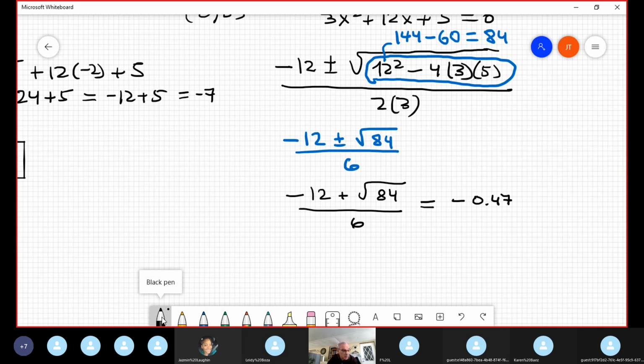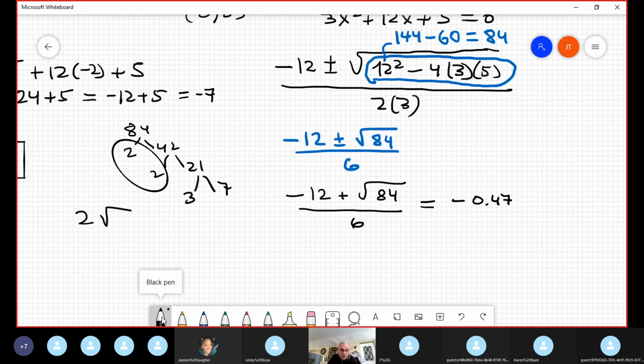This is irrational, right? Irrational because 84, let me see, 84 divided by 2, 42 divided by 2 is 21, 21 is 3 and 7. So I can see a couple of 2, so it's 2 radical, and here we have no couple 21. This is the exact answer of this radical part, no? But okay, I realize it's irrational number.